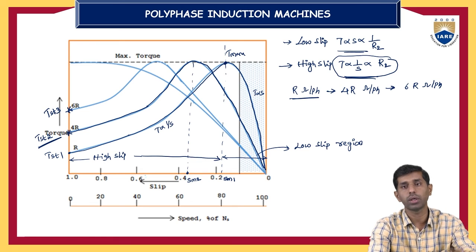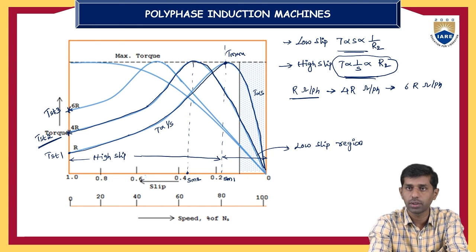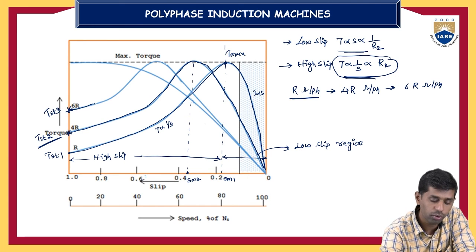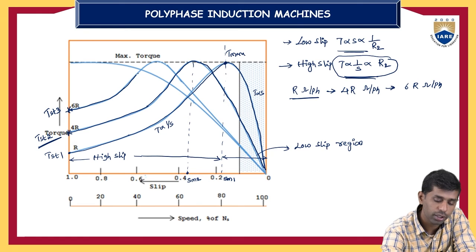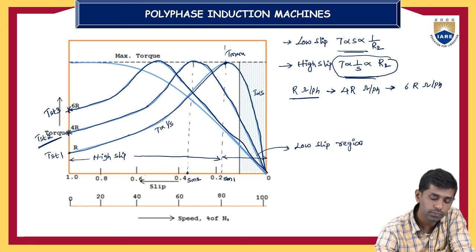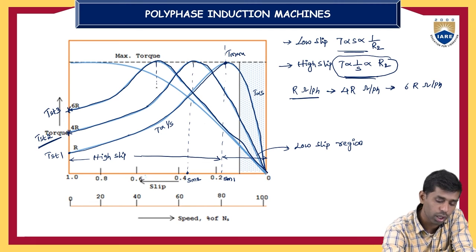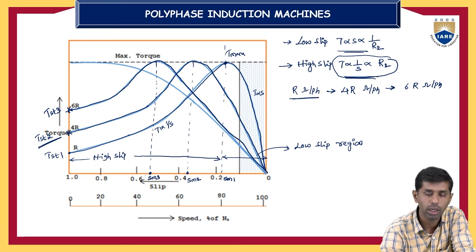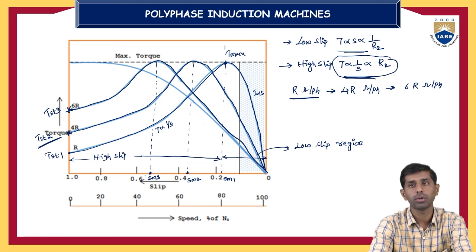From TST1 it rises to TST3 when the rotor resistance is increased from the initial resistance to 6 times the initial resistance. It will give you a characteristic curve similar to the previous ones, but we will have another new value of the slip corresponding to the maximum torque. This will be SM3, the new value of the slip corresponding to the maximum torque.